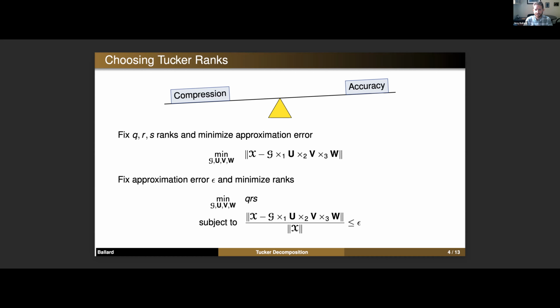Let me find the smallest Tucker format tensor that satisfies my error threshold. One way to formulate that is, let me minimize the number of entries in my core tensor, subject to my Tucker format being an accurate representation of my data, subject to the relative error of my approximation being below my threshold. Okay, so either way is a reasonable way to seek out a good Tucker decomposition.